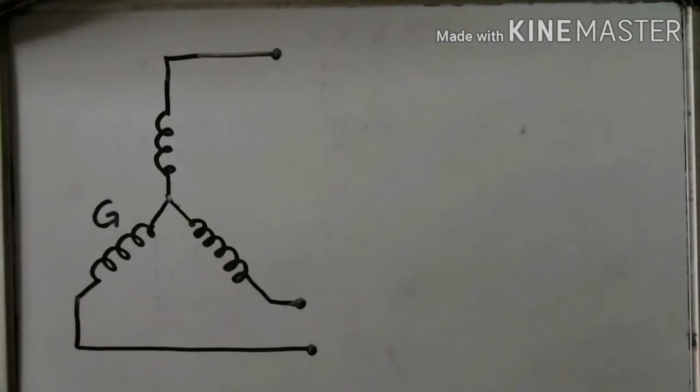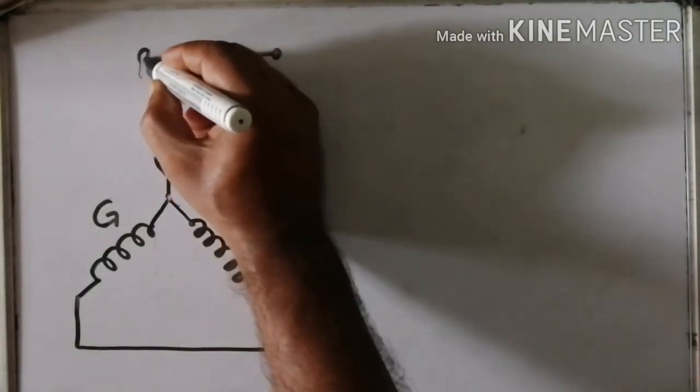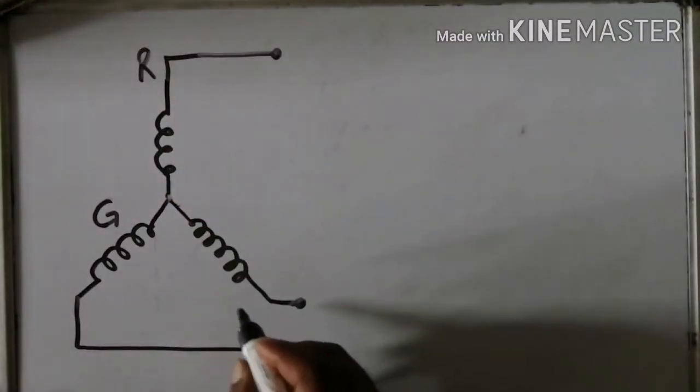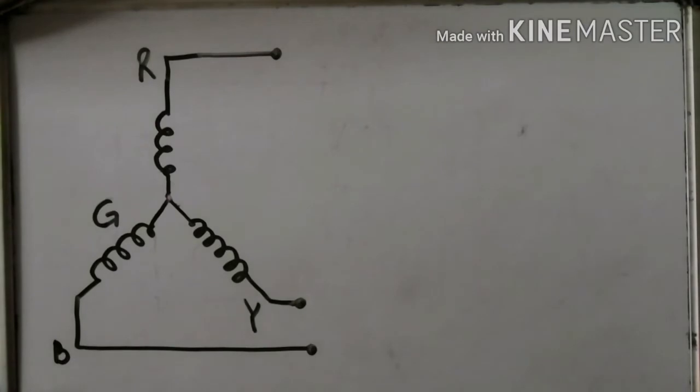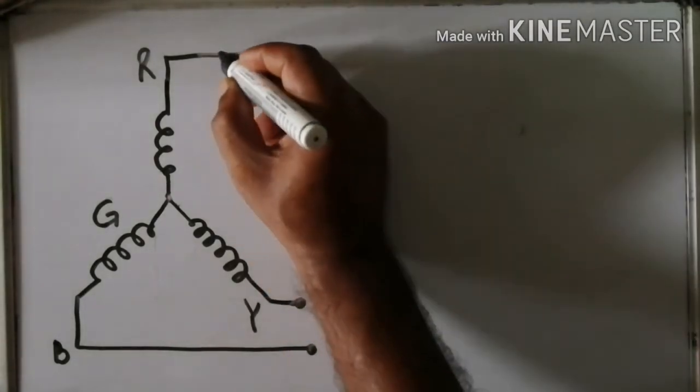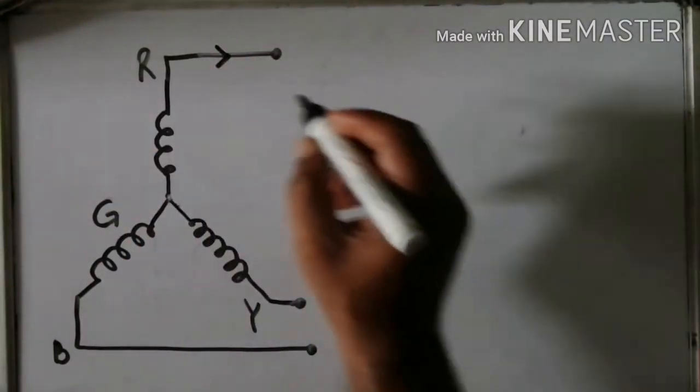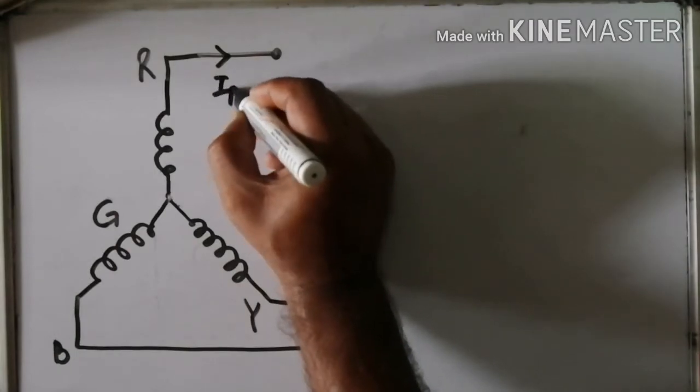This one is the three-phase generator. In a three-phase system, this belongs to red, yellow and blue. The current given by this generator is IR.